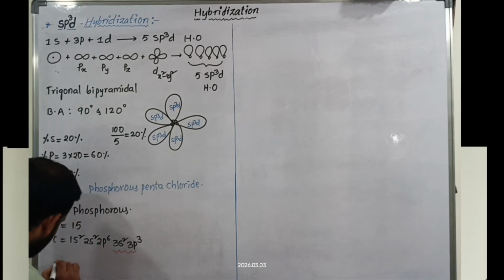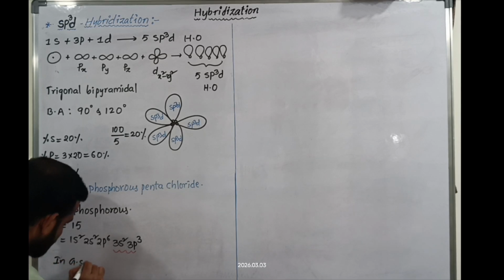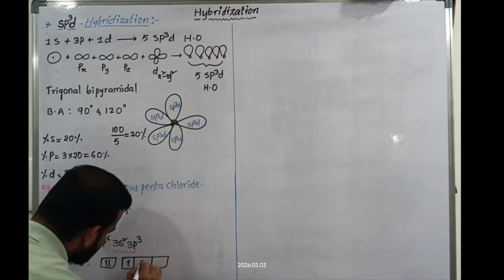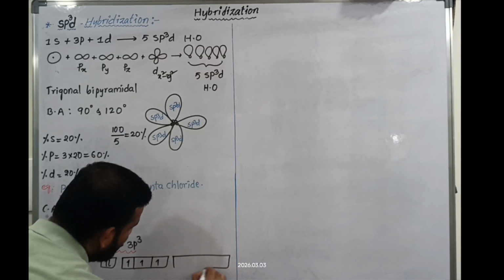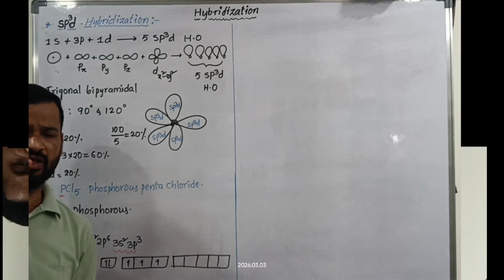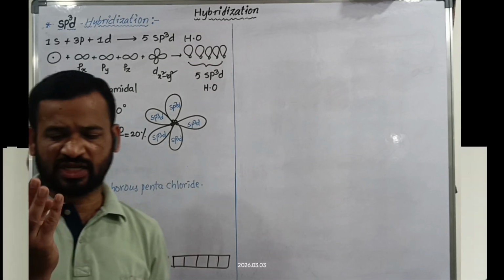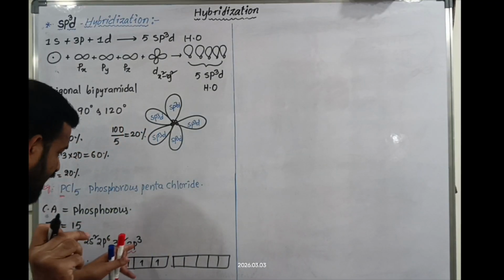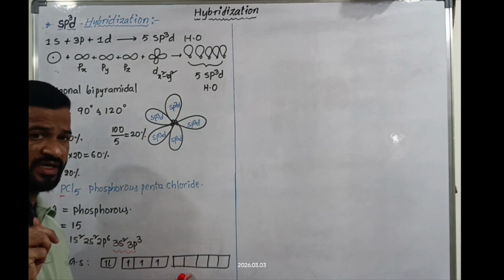In the ground state, the s orbital is filled with 2 electrons, the p subshell is filled with 3 electrons, and there are no electrons in the d subshell. In the third shell we have 3 types of subshells: s, p, and d. In the ground state there are no electrons in the d subshell.